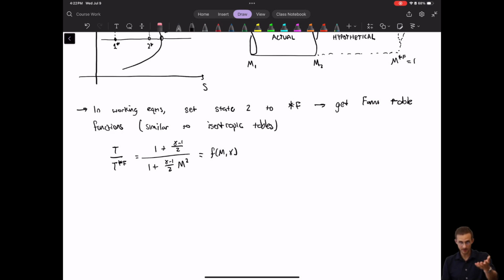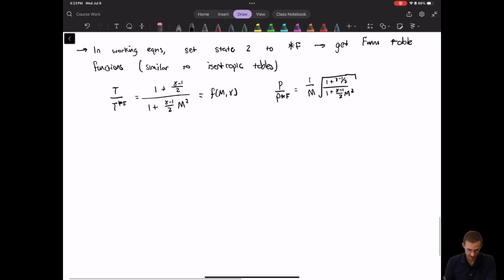So when you go and look at your Fanno tables in the text, these are the functions that you would be seeing here, and they're just going to show up in the tables as P over P star, but know that it's like our star F in our case. So 1 plus gamma minus 1 over 2, divided by 1 plus gamma minus 1 over 2 M squared. Okay, so you get the idea. You can look back at the working equations to see how that relates. And you could do the same thing for the rho and stagnation pressure relations that we did before.